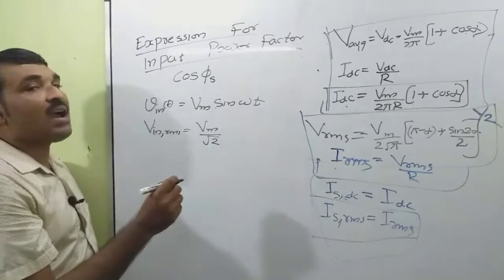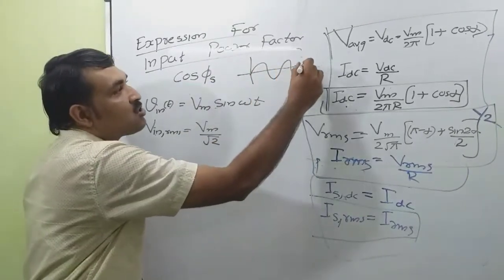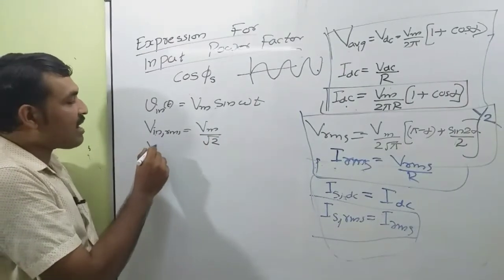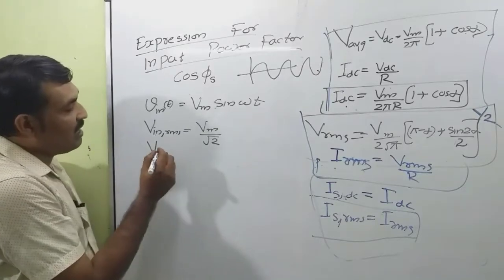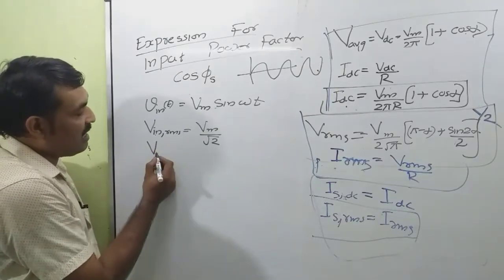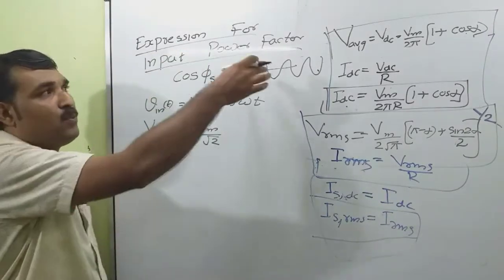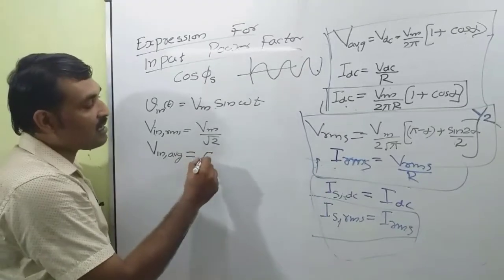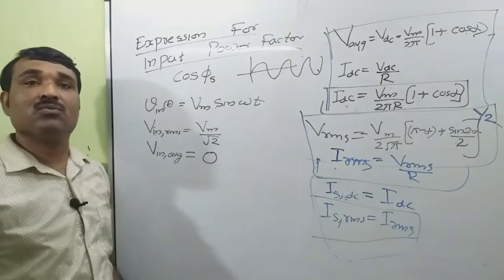Then what is the average value of V input? Since V input is a sinusoidal wave, its RMS value is Vm by root 2, and its average value, the DC value of a sinusoidal wave, is always equal to 0. That is, for a sine wave, the average value is 0.